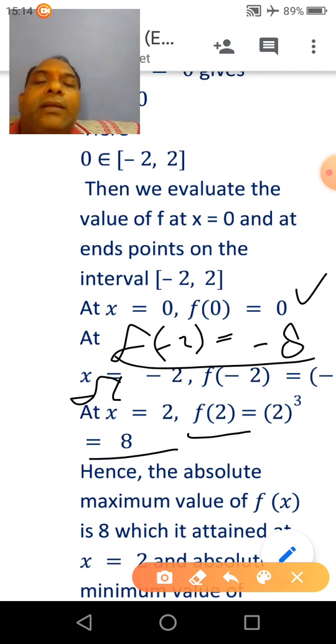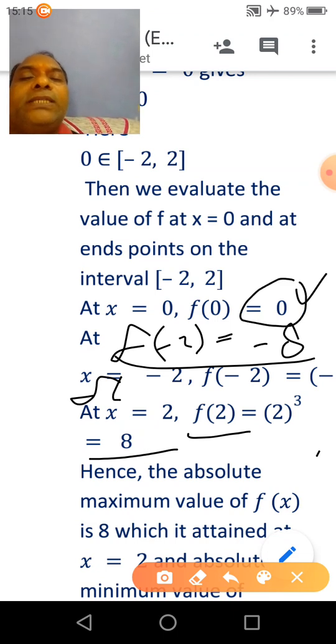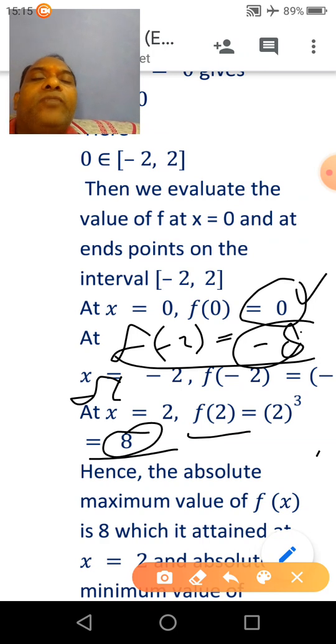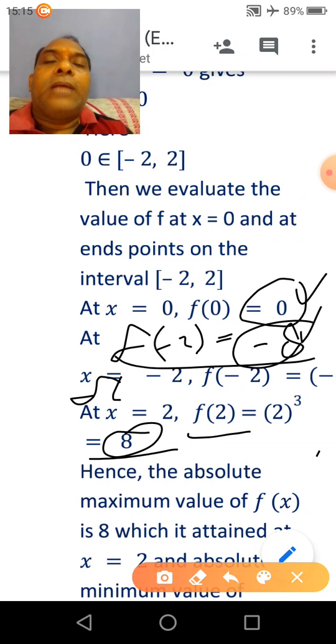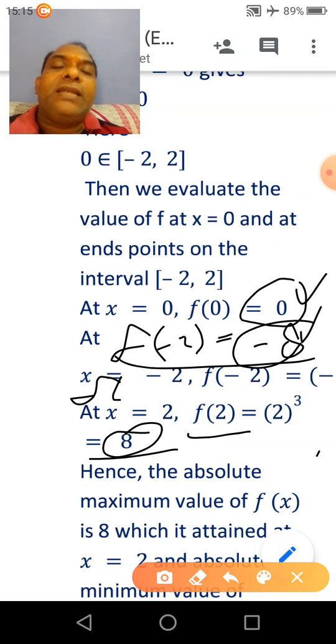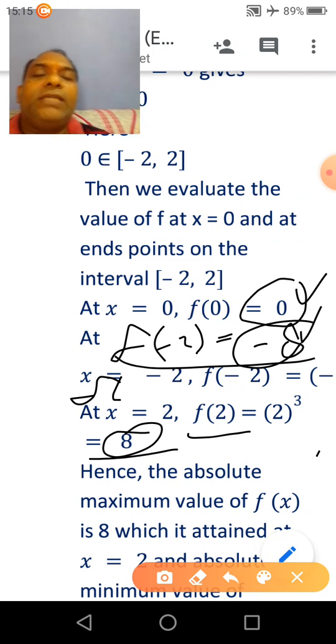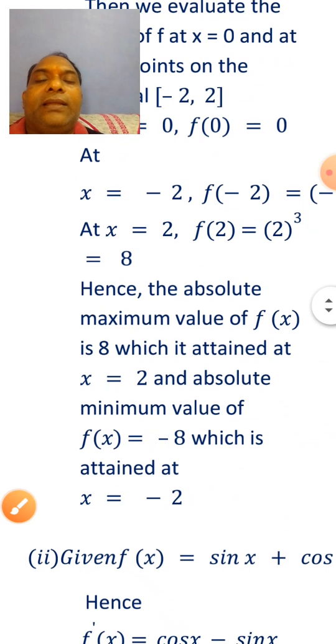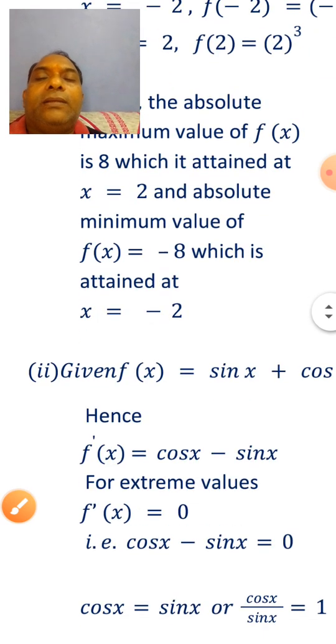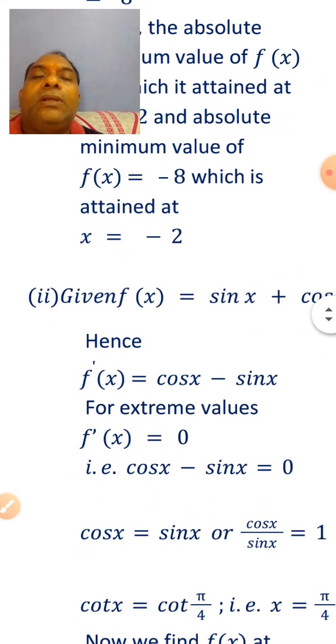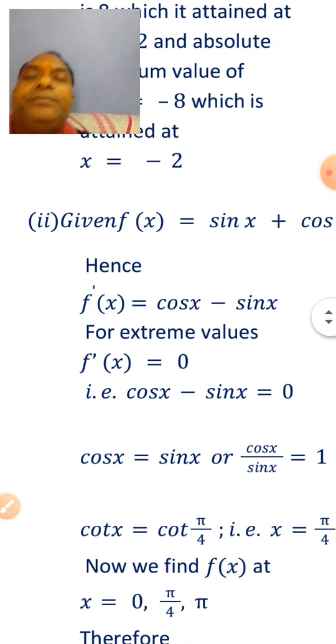Clear? The absolute maximum value of f(x) is 8, because the maximum among 0, minus 8 and 8 is 8, and the minimum value will be minus 8. So the absolute maximum value is 8 and the absolute minimum value is minus 8. Clear? Now see the next example.